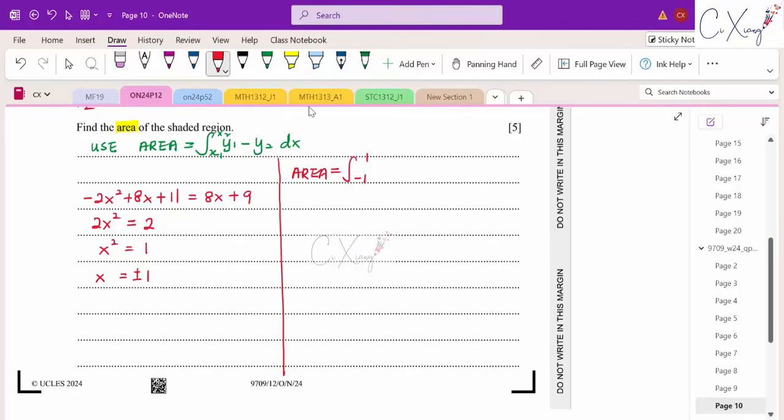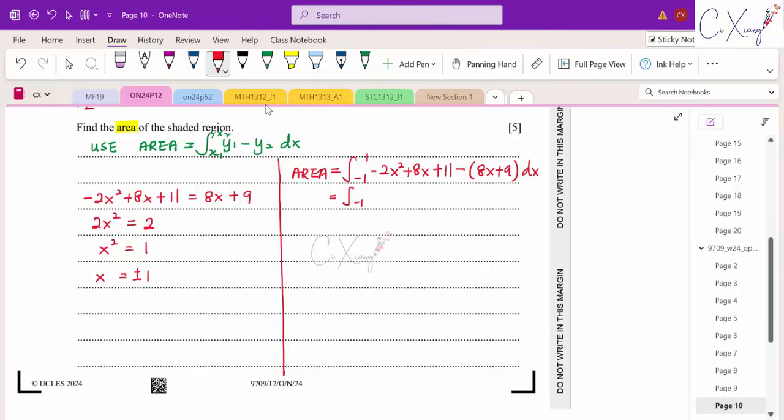So the curve is negative 2x squared plus 8x plus 11 minus the line equation. So the line equation is what? Is 8x plus 9. Okay, then try to integrate and get the area.